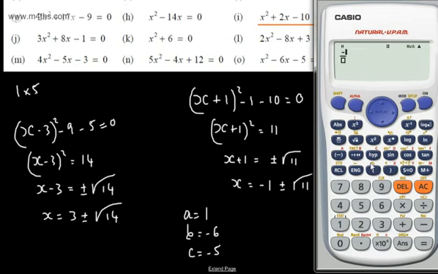So we'd have minus b, which is minus 6, and then we're going to have plus the square root of b squared, that's minus 6 squared, which will give us a positive, minus 4 times a, which is 1, times c, which is minus 5, all over 2 lots of a, which is 2 lots of 1. And that will give me 3 plus root 14, which is what we had, and then 3 minus root 14, which is what we had, and they are the decimal answers. So this is what we call an exact answer, and that's our decimal answer.